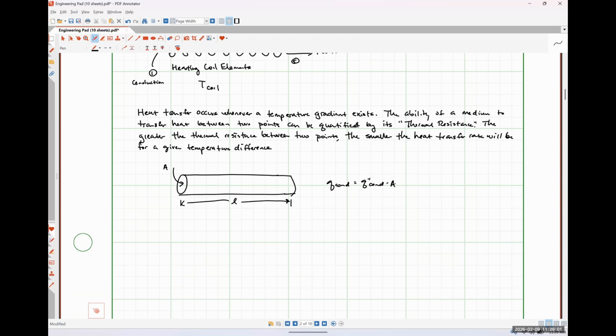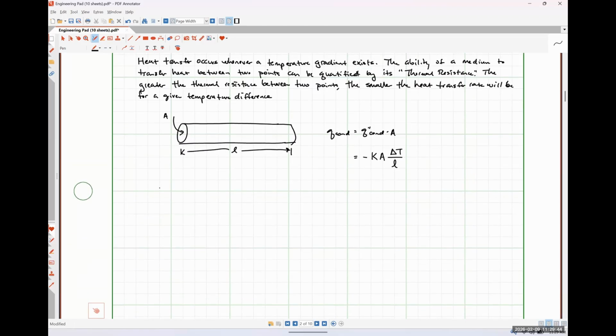Well, since we're dealing with conduction, right, and we have an equation for that, this would be negative K, our thermal conductivity, times our area, times our change in temperature across essentially the change in length of this system, which is just L. Well, this expression can be rearranged to look a lot like resistance. Okay?